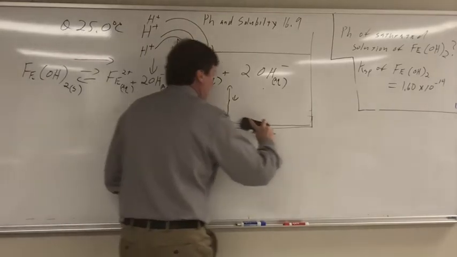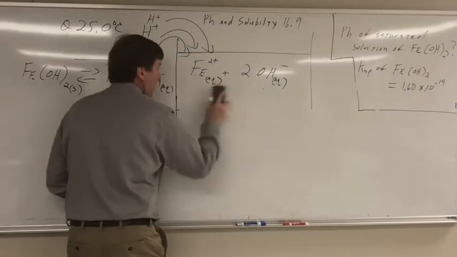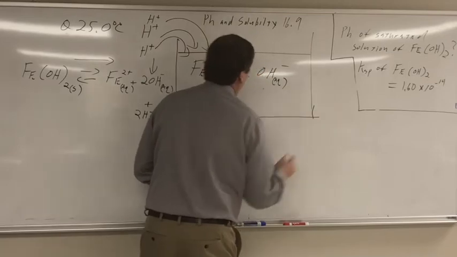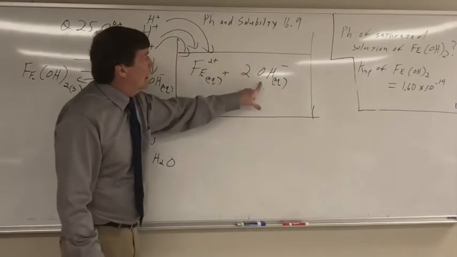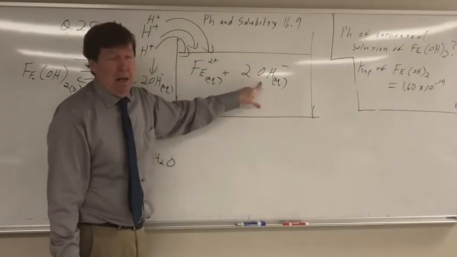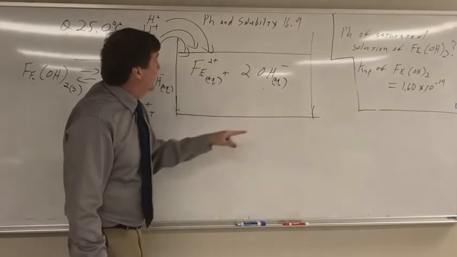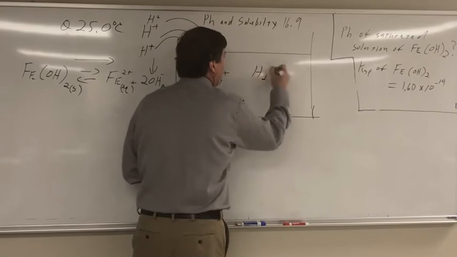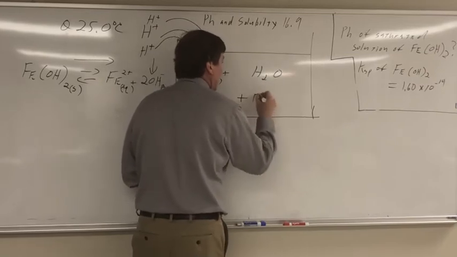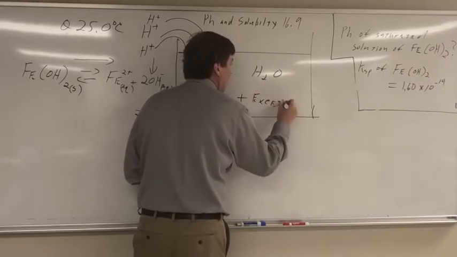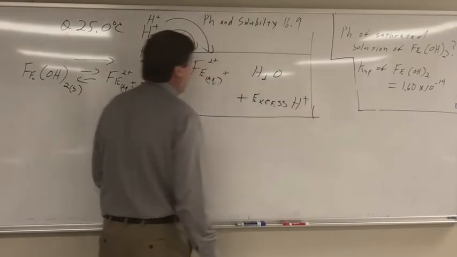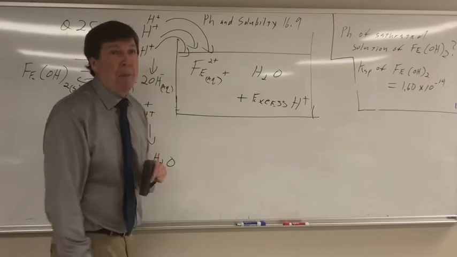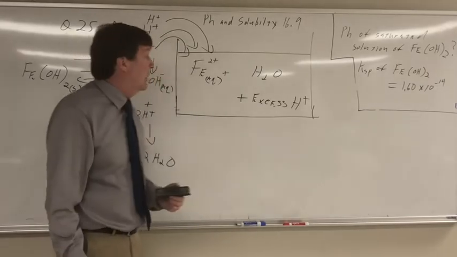At some point, we've added enough acid where all of this is neutralized, and we're going to have essentially water in here, H2O, plus excess acid, excess H positive, and we'll still have plenty of these iron double positive ions floating around in solution.